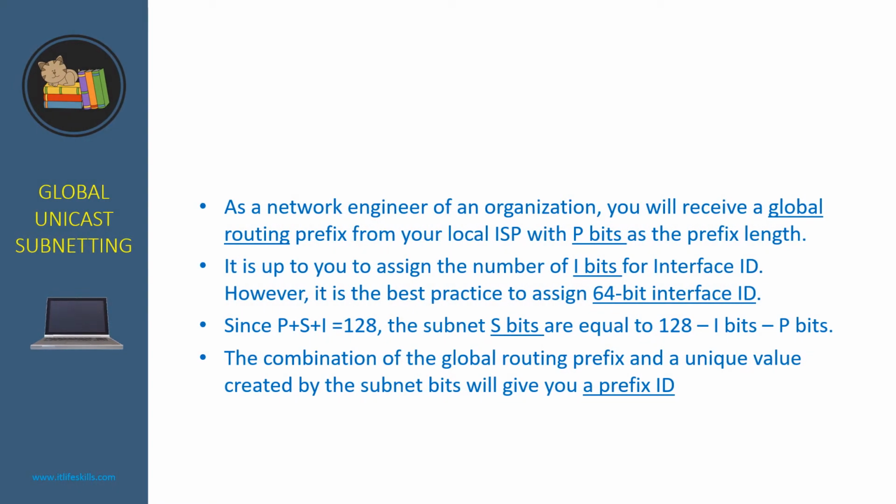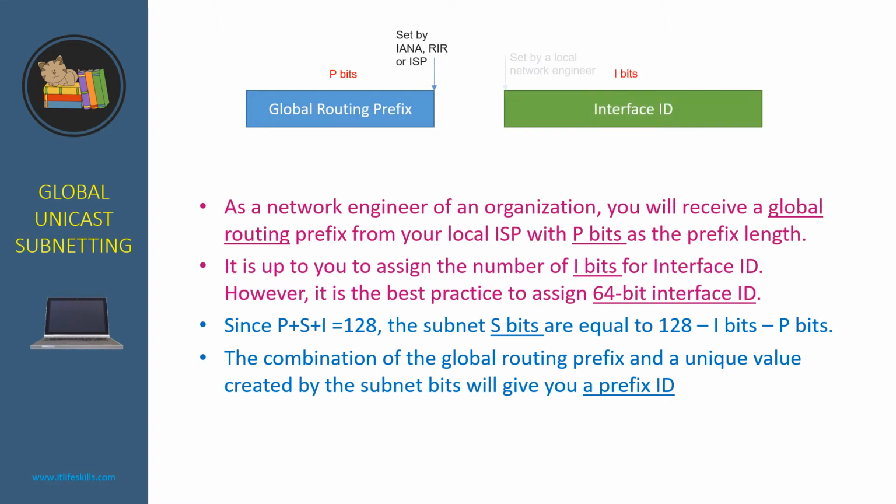Let's learn about the rules to subnet IPv6 global unicast. As a network engineer of an organization, you will receive a global routing prefix from your local ISP with P bits as the prefix length. It is up to you to assign the number of bits for the interface ID.